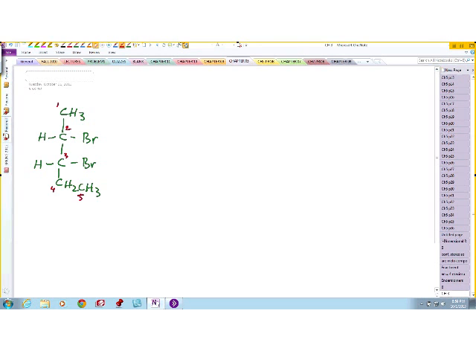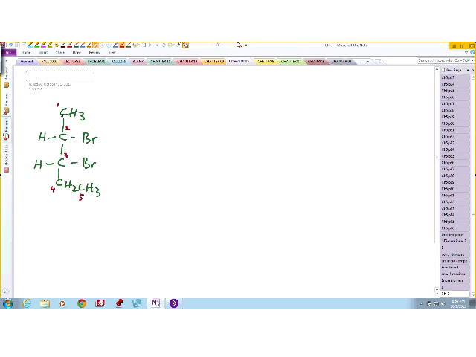How many? 2. We have 2 chirality centers here. Carbon 2 and carbon 3 are chirality centers. Do you see that? Because the requirement is for you to have a chirality carbon, that carbon must be attached to 4 different atoms or 4 different groups.